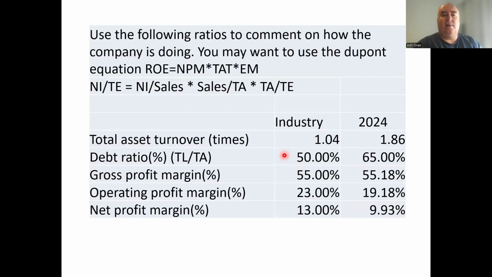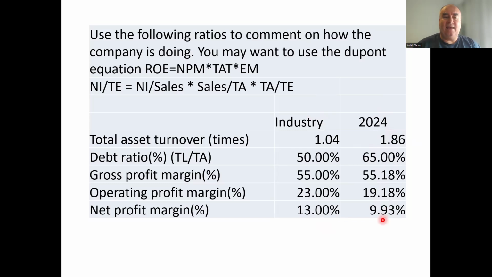So here I provide you with an example company, which is in an industry. And here we have the numbers for 2004 of the industry and of the company itself.